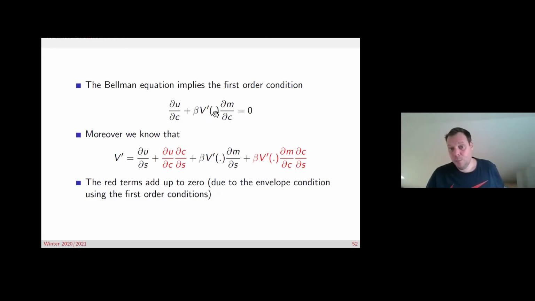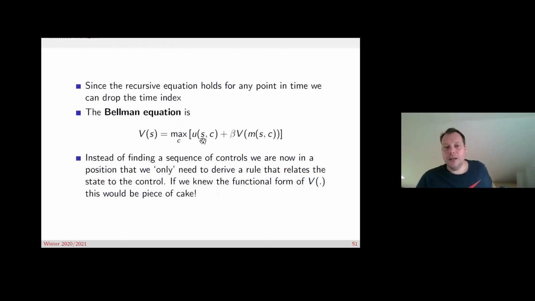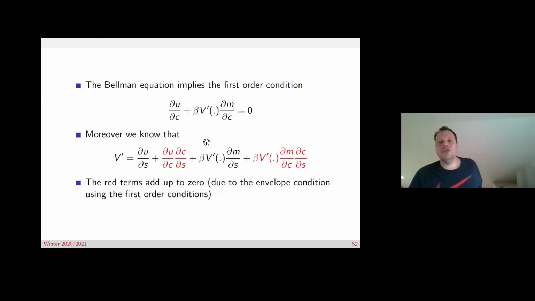Okay, so here would be tomorrow's state, and you could plug this into the value function. So you plug in the maximized control, and then ask yourself, okay, what would be the windfall gain?